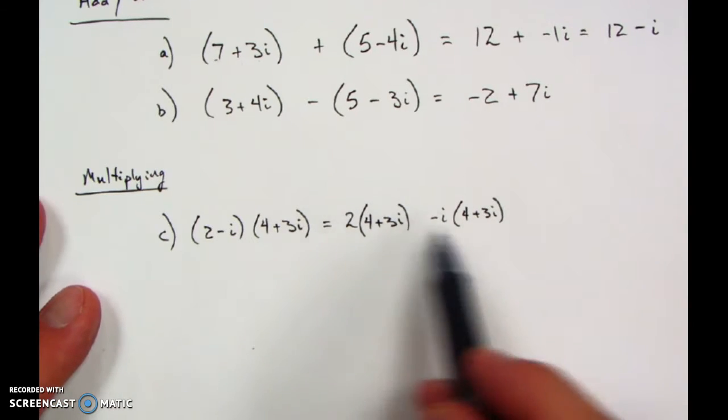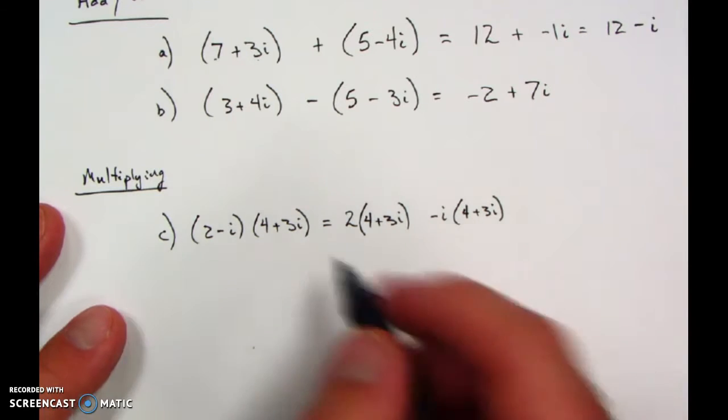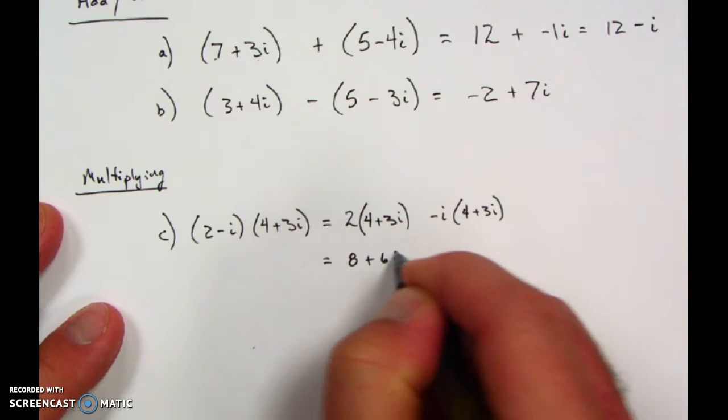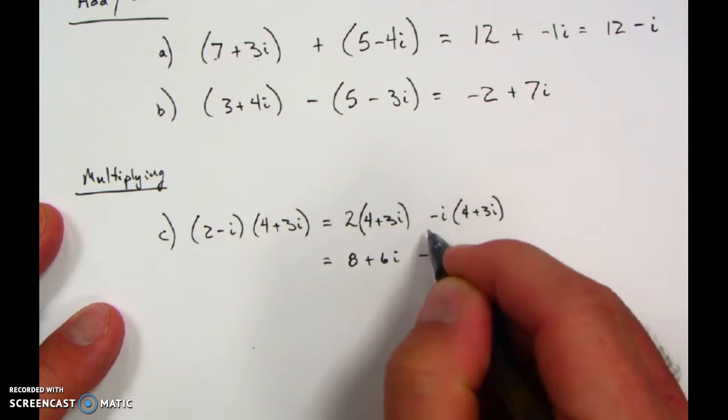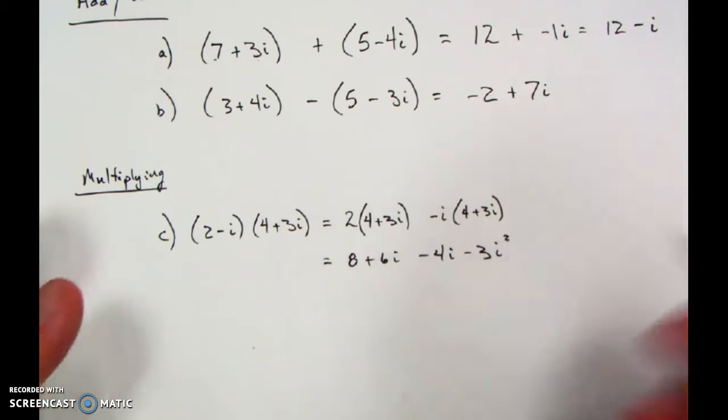Again, it's almost like we're doing FOIL here, where I'm going to do first, outside, inside, last. What this gives me is 8 plus 6i minus 4i, and then this is a minus 3i squared.